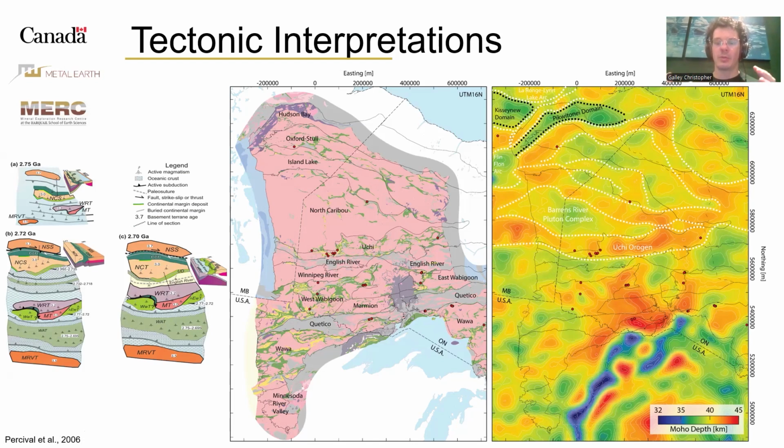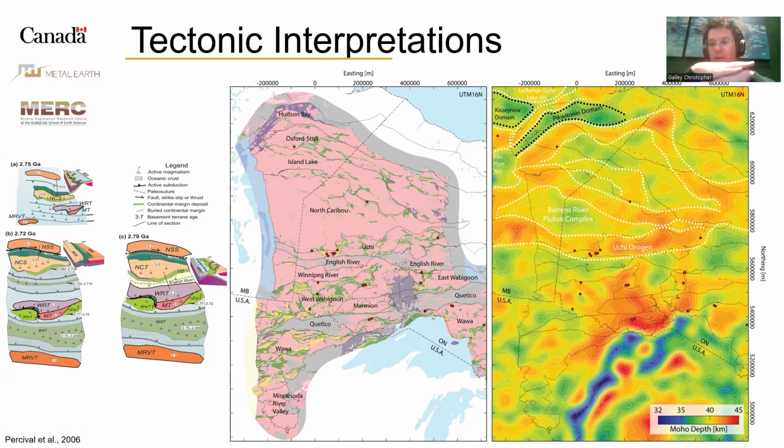We believe this could be explained by the tectonic models being presented. This is shown from one of Percival's works. A few people have shown this as well, where the North Caribou acted as a bit of a nucleus that other terranes then layered into. So we believe that these bands of deepened Moho likely correspond to bands of accretion, where the centers would have slanted into each other.